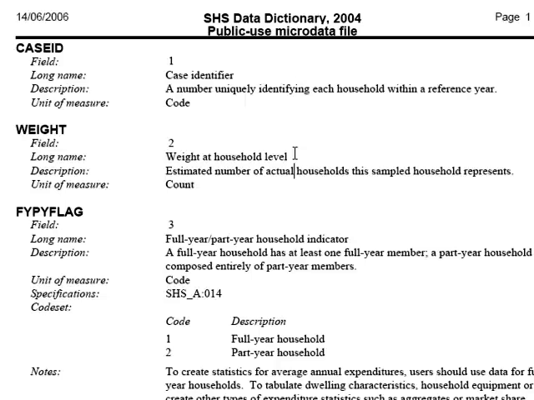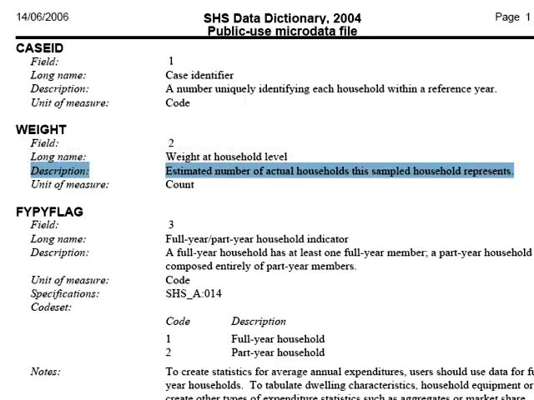A 10% sample would have each observation assigned a weight of 10, and a 5% sample would have each observation assigned a weight of roughly 20, and so on. The description of the variable weight is the estimated number of actual households this sample household represents. So now you see the description and you understand completely.